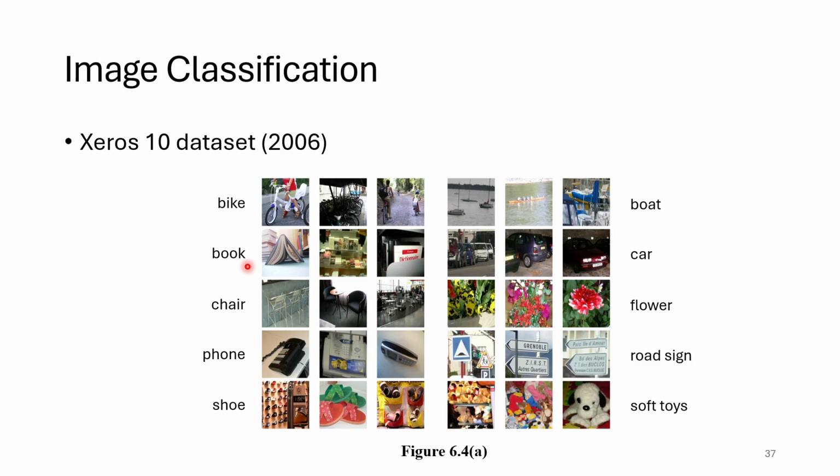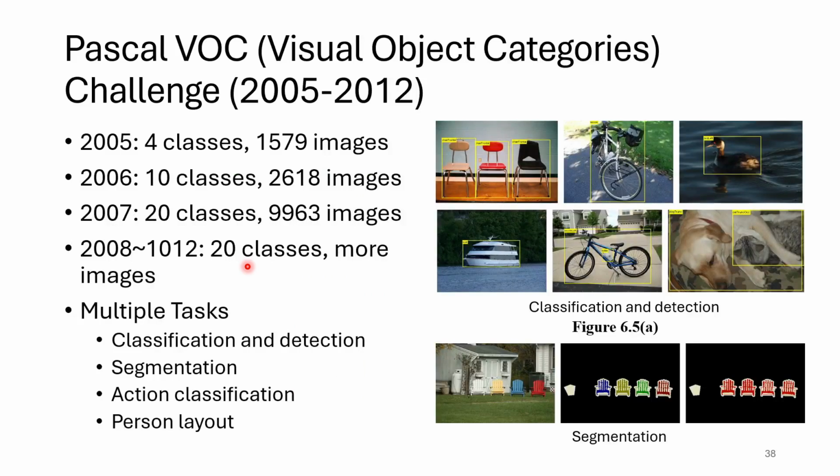Before neural networks, there were some existing methods and challenges addressing this problem. One of the most famous is the Pascal VOC. VOC stands for Visual Object Classes Challenge. It was held for 8 years.